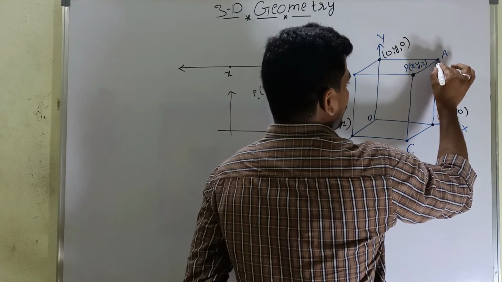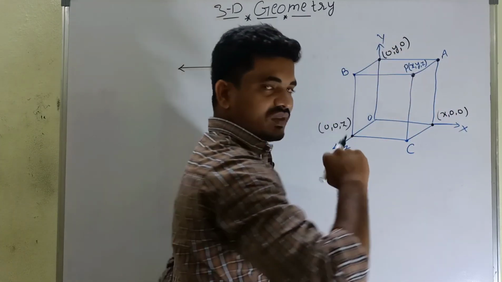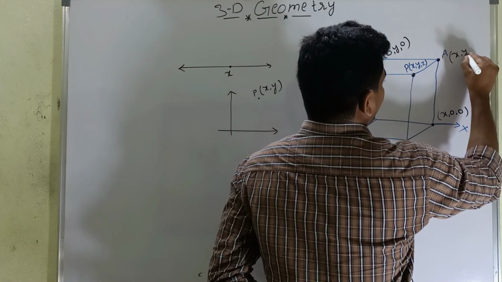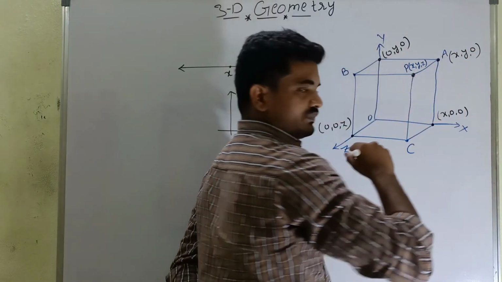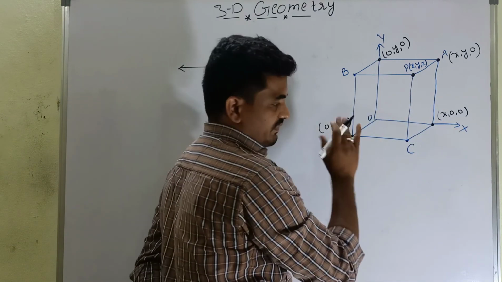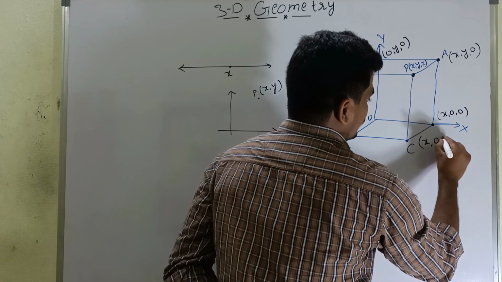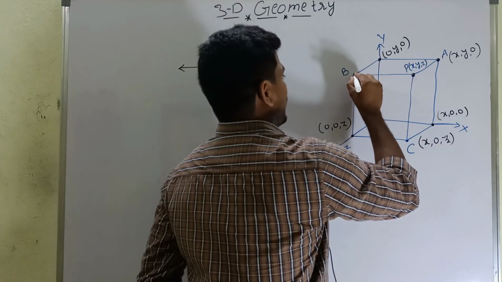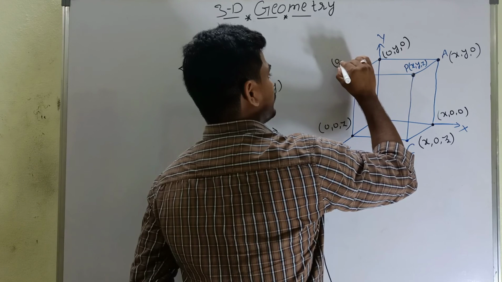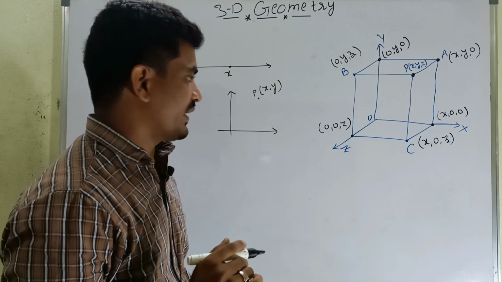Similarly, this point is in the XY surface, so z will be 0. And this C is in the XZ surface, so x is not 0, y will be 0, z is not 0. And this is in the YZ surface, so we get 0, y and z. These are the points.